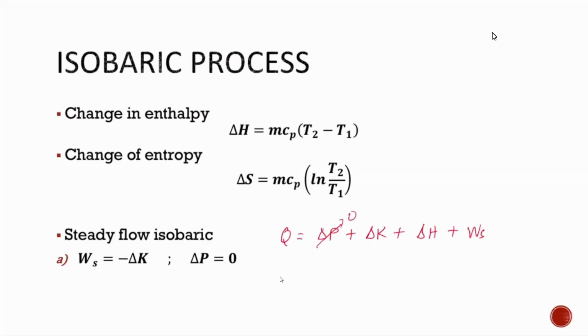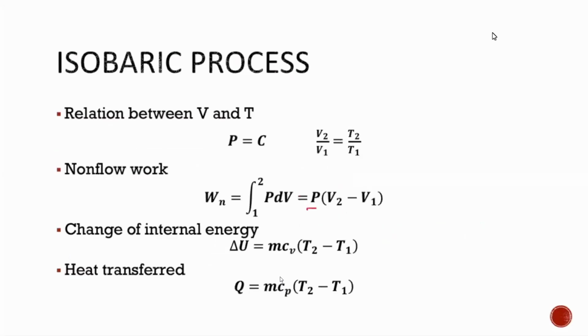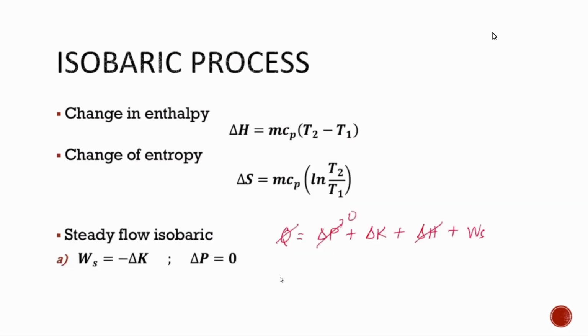Okay? So, kapag pinagsama-sama natin sila, equating them, kasi itong dalawa ay equal lang. Nawala ito, tsaka ito, kasi based dun sa ating formula, they are just equal. Heat transfer Q, MCP, T2 minus T1, delta H, MCP, T2 minus T1.